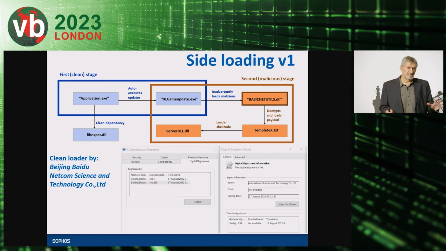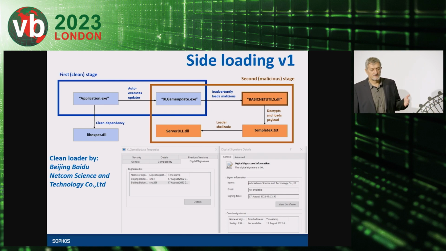So it's a two-stage method. The first stage uses preloading by placing a clean executable, replacing the game auto-update function, and the second stage will do the actual DLL side loading. So these threat actors fell in love very much with this method. They used several different scenarios where they switched the executable placed into the game updater exe.